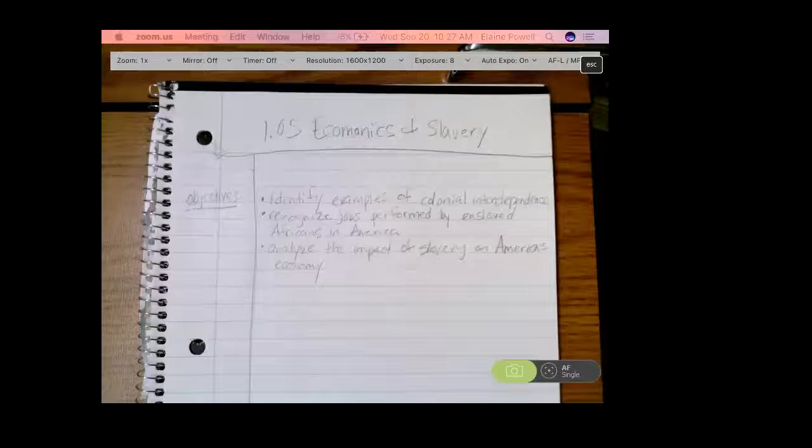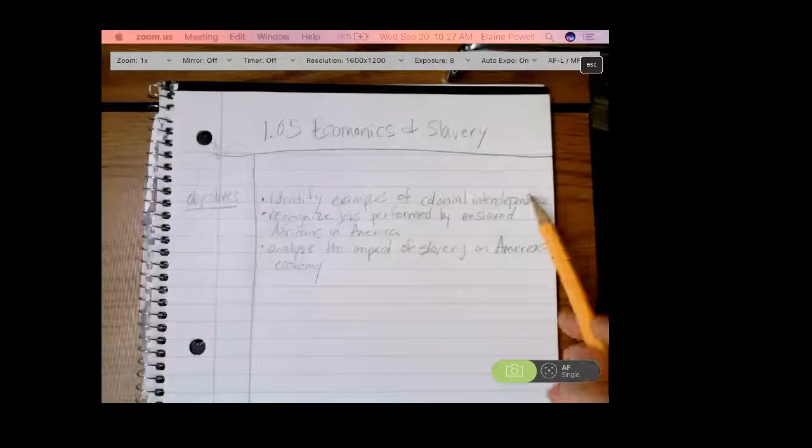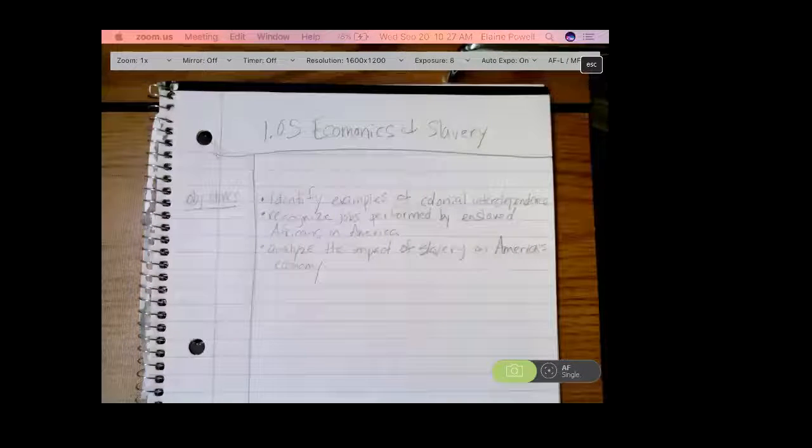Like the word interdependence, that might be one that some people are like, oh, I'm not sure I know what that means. So you can look it up right away, or you can see if you can find it out during the lesson. So take a second and circle anything on your notes if something pops out that you're not sure of. Or you can highlight, if you like highlighters, that's a great thing to do too. Awesome.